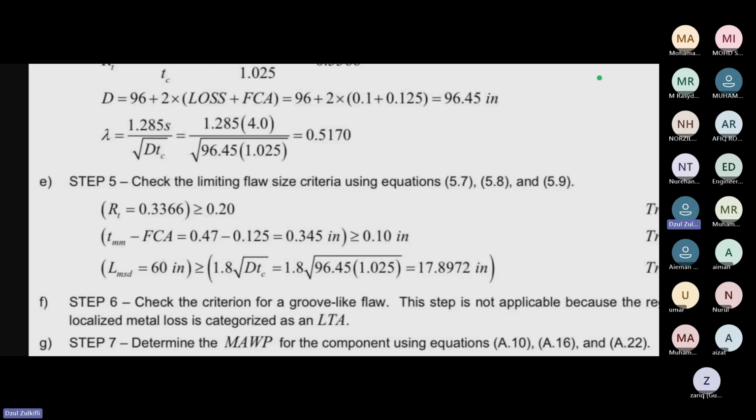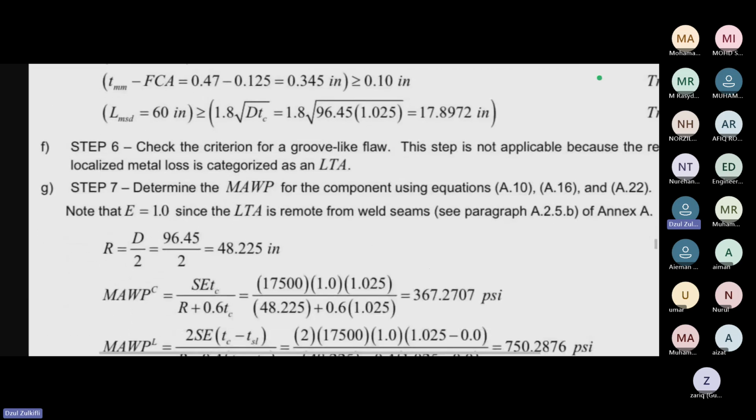Bukanlah diharamkan, we have to do FEA lah, finite element, which is a very advanced FFS lah. Tapi paper calculation is not allowed lah if you have that. So LMSD is just a requirement to say that this is the minimum distance you have to be away from any disturbance lah, kata discontinuity they call it. Okay. So the value is 17.9 inch.